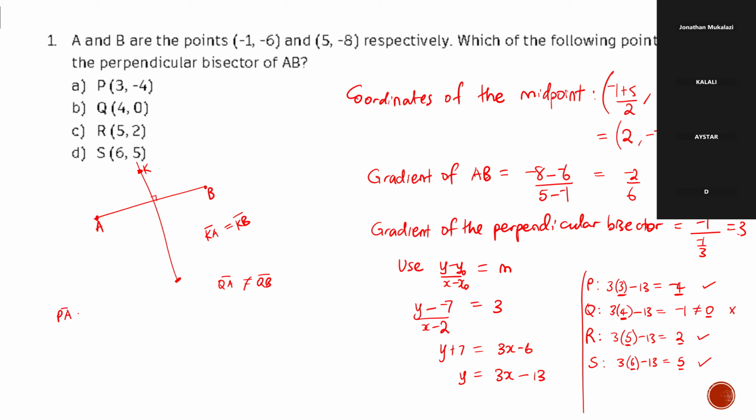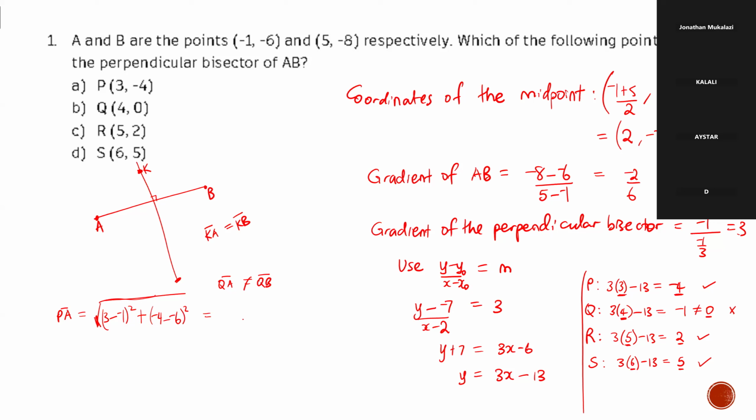So the distance PA is going to be the square root of 3 minus minus 1 squared plus negative 4 minus minus 6 squared.